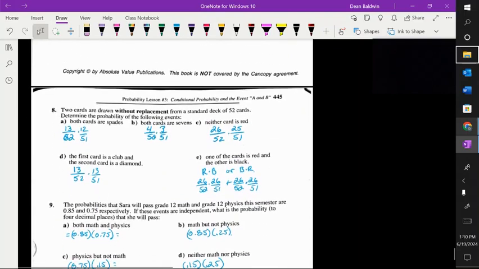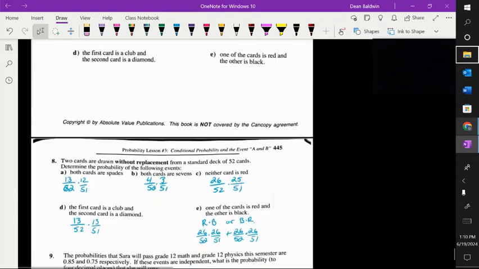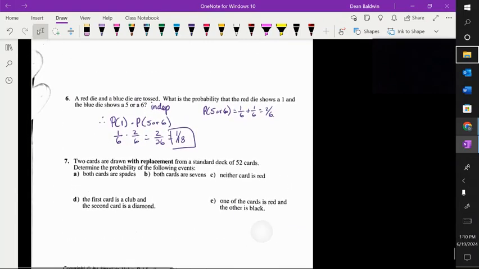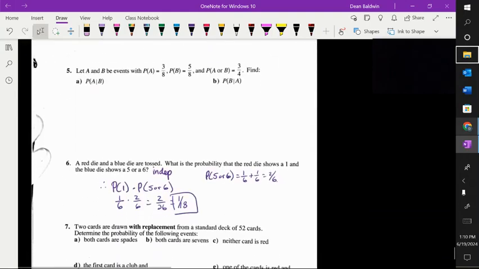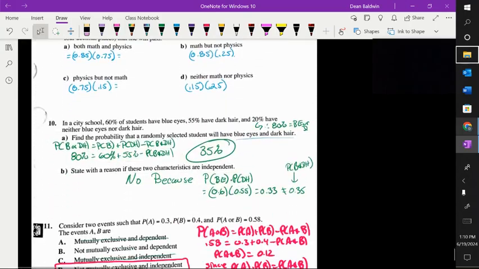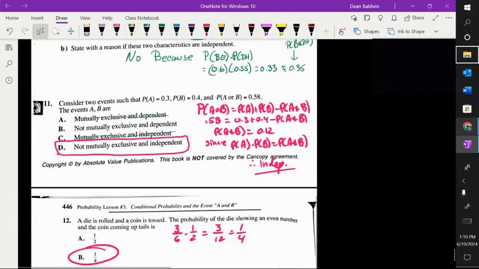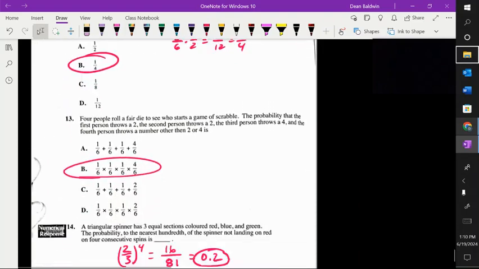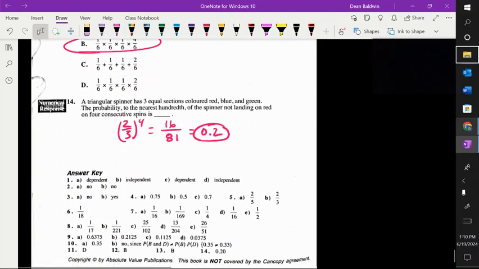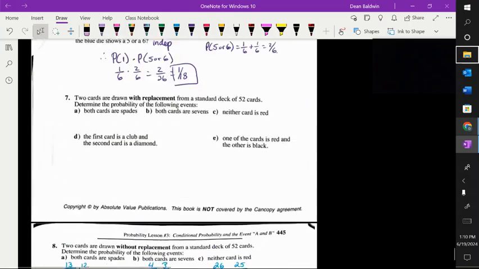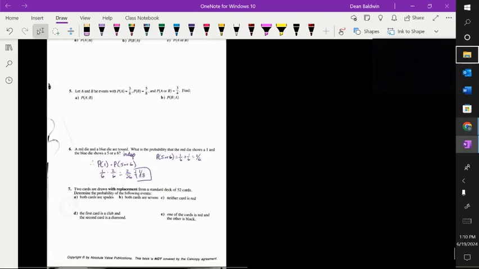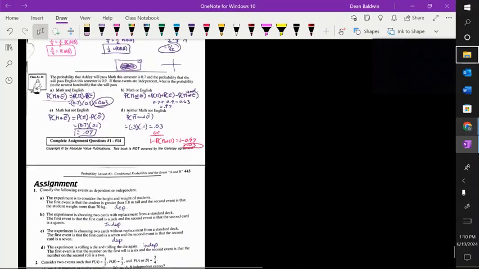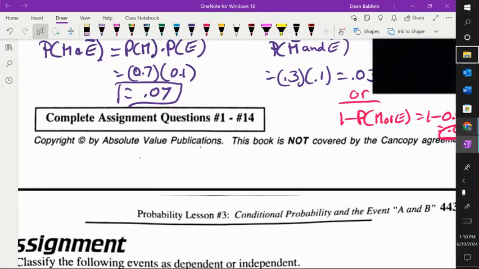You can do 7, although those kind of tend to be the same. So: 1, 2, 3, 6, 8, 9, 10, 11, 12, 13, 14. Don't do 4, 5, or 7. How's that? Alrighty.